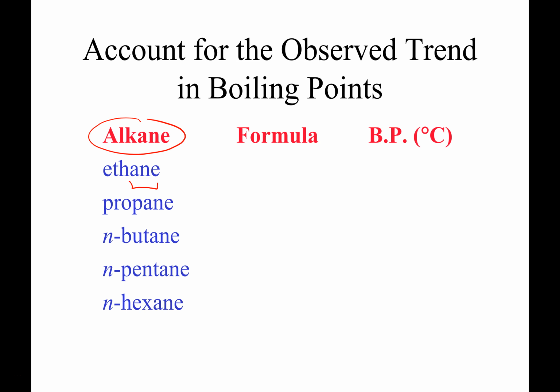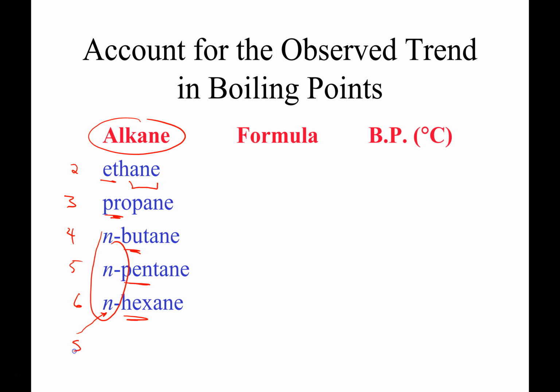Eth means two, sorry. Eth means two. Prop means 3, but means 4, pent, like you might imagine, means 5, and hex means 6. While I'm at it, one more thing is these ends right here mean that it's all in a hot dog shape.